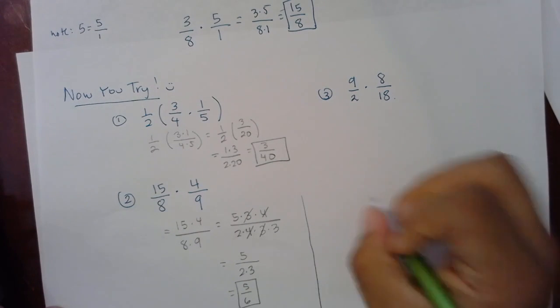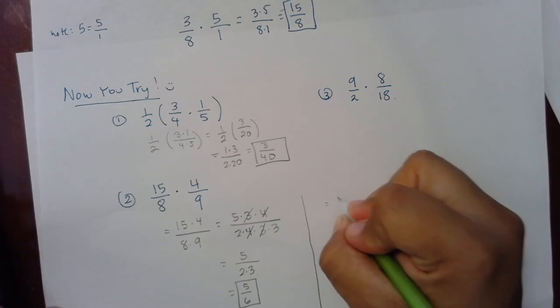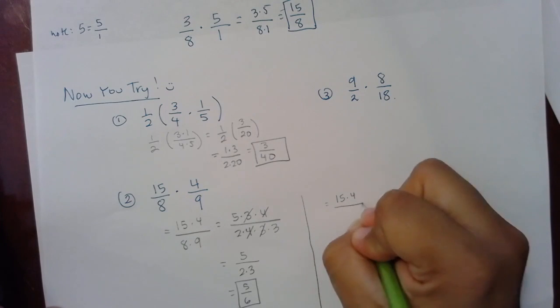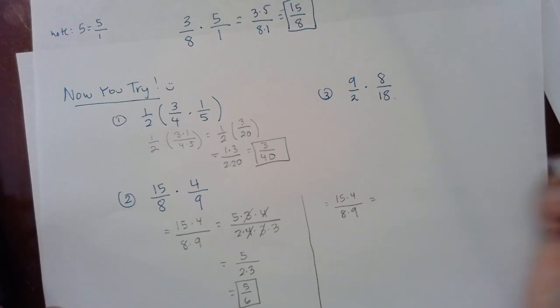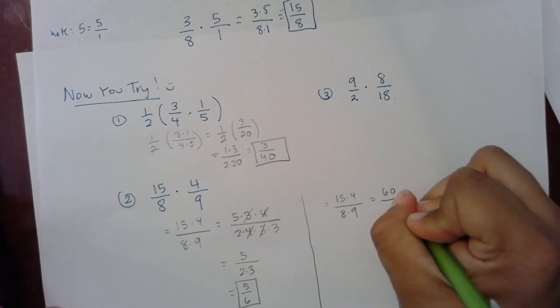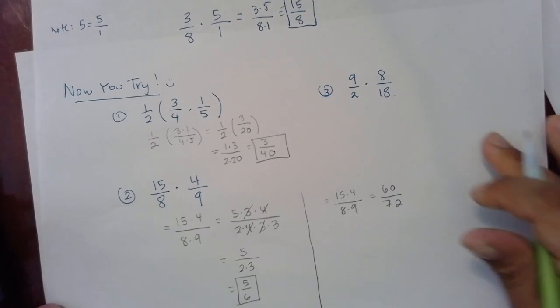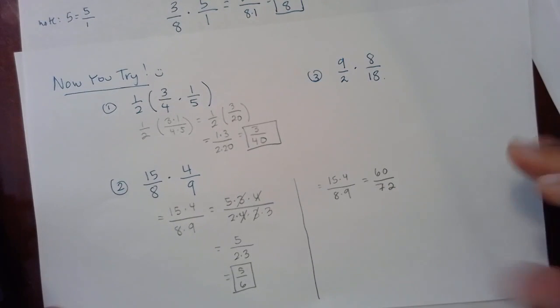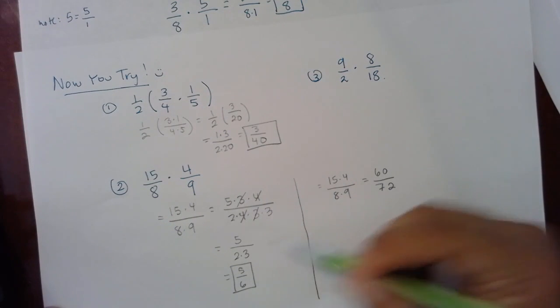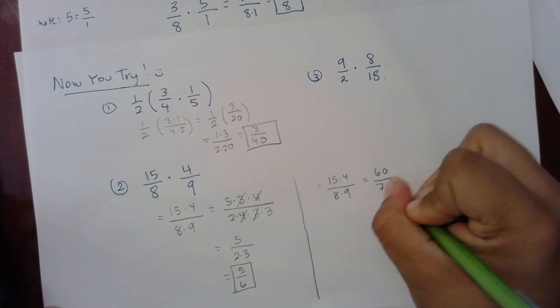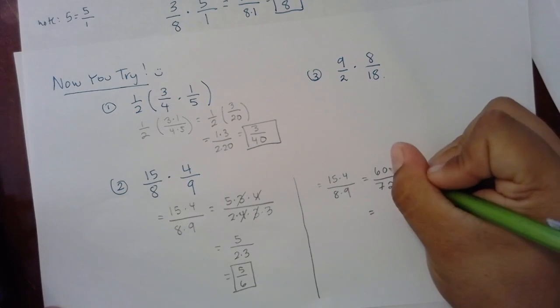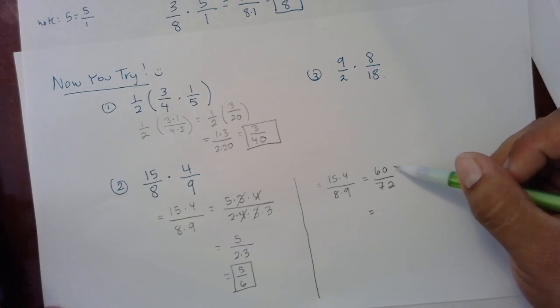Okay. The other method would be to go ahead and you have 15 times 4 over 8 times 9. And we would go ahead and multiply that. And we would see, okay, well, let's see if we can reduce this at all. And you would have to go ahead and factor anyway, by either doing prime factorization or seeing, remember, if we could find the GCD, right?